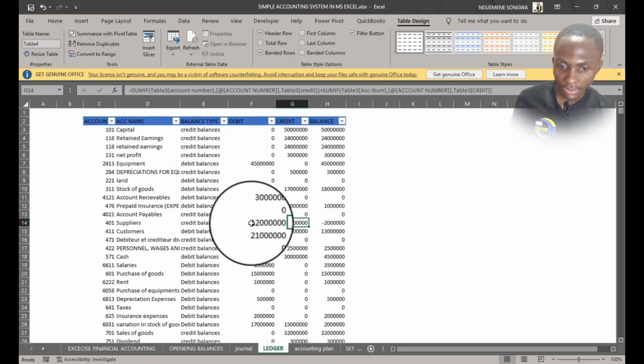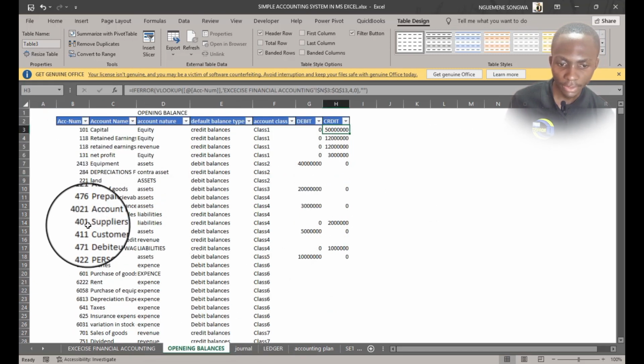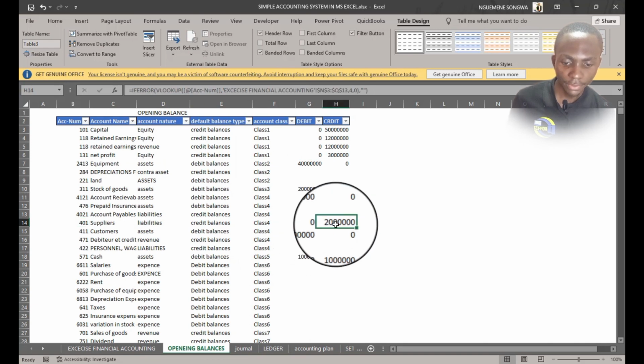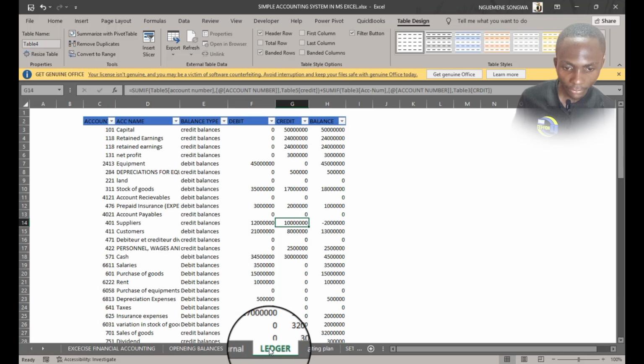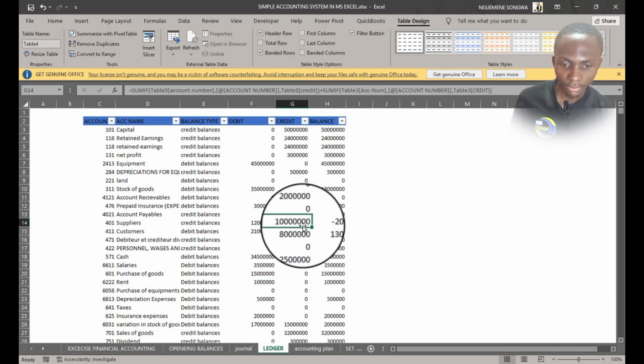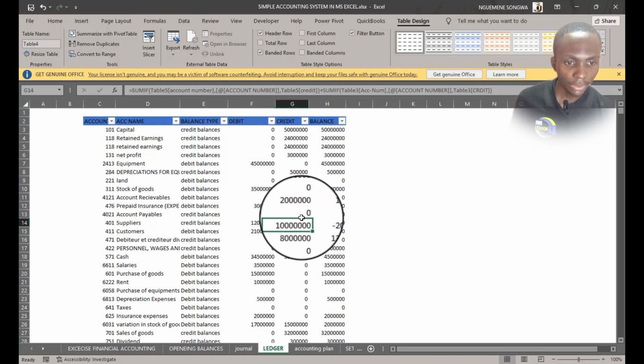I don't know if, for example, in the opening balance, there was an account for suppliers. Okay, we're still owing suppliers, and here it shows that suppliers debt has just gone up, but here it has not included everything.